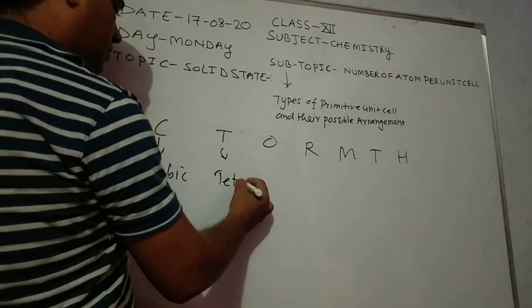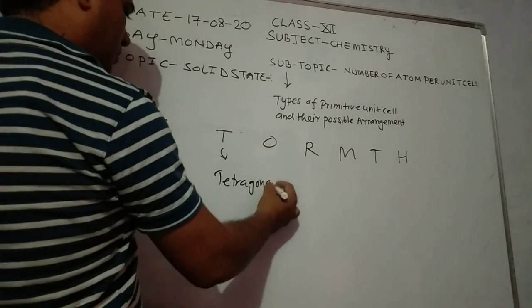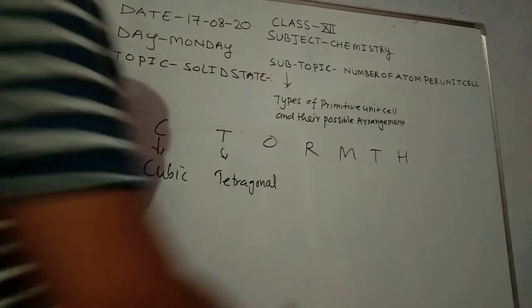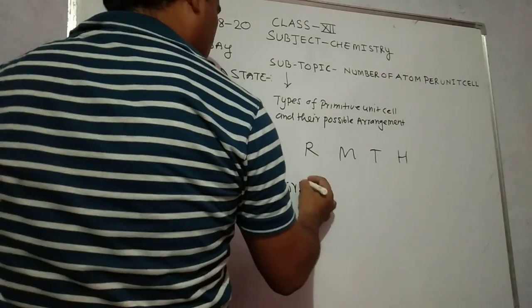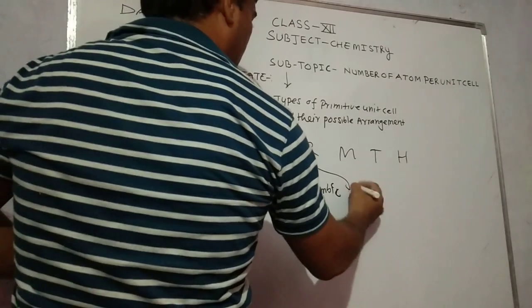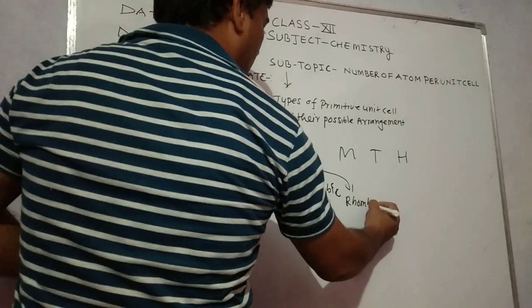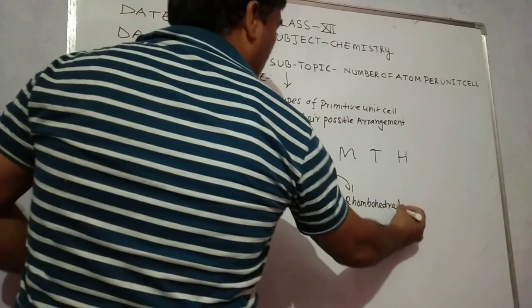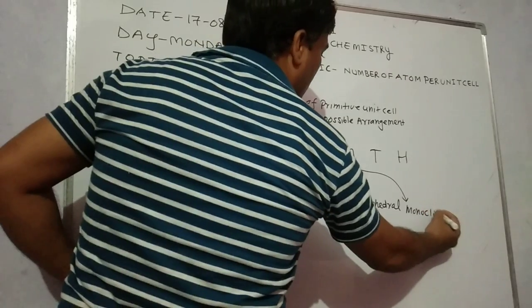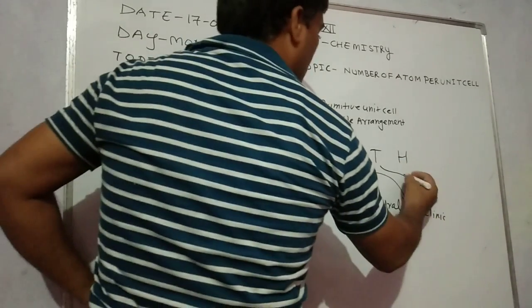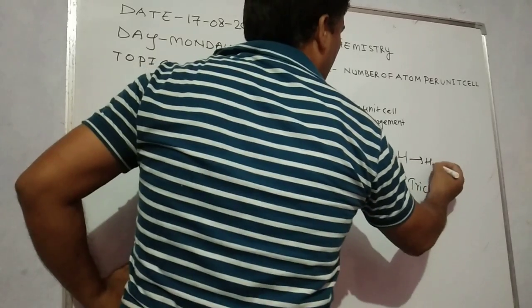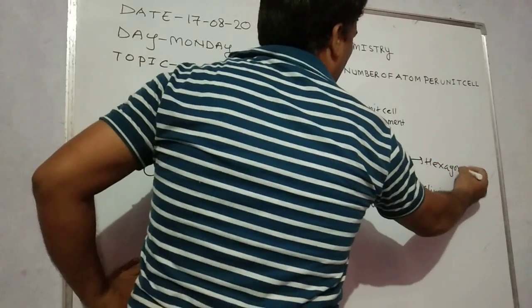tetragonal, O means orthorhombic, and R means rhombohedral, and M means monoclinic, and T means triclinic, and last one is hexagonal.